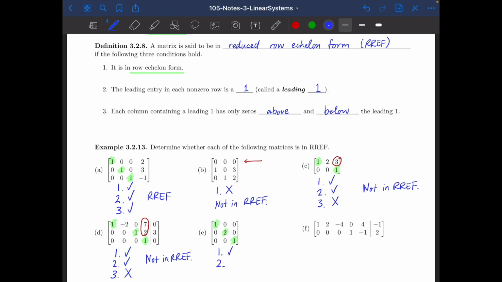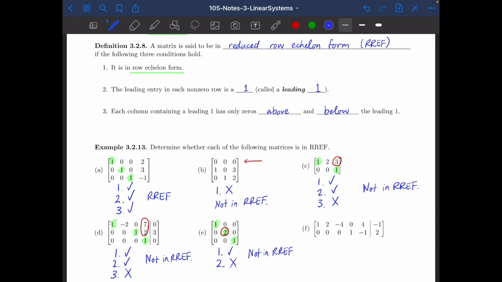What about the second? Do we have that every leading entry is a 1? We don't. The leading entry in the second row is a 2, and so the matrix in part E is not in reduced row echelon form because the second condition isn't satisfied.